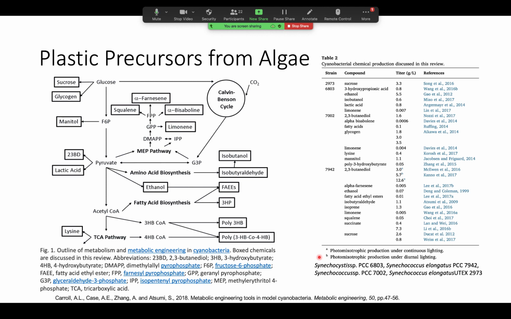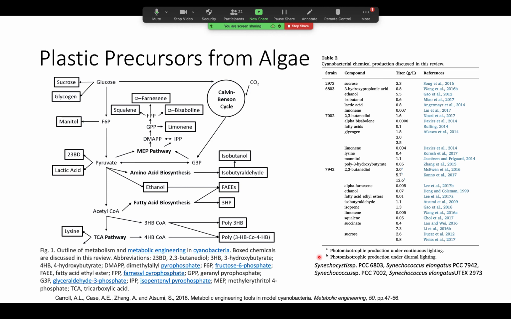But you can make a lot of stuff directly from algae, a lot of precursors from algae, and algae eats sunlight, right? So you're not going and having to grow up crops, which is one of the concerns for growing up these crops in order to be able to make the feedstocks for those bacteria, or just feedstocks directly for the plastics. We're able to go and grow the algae.